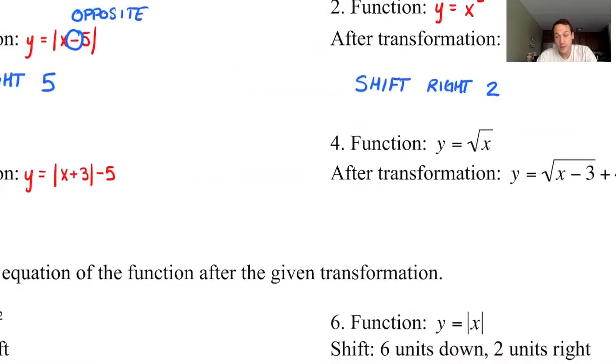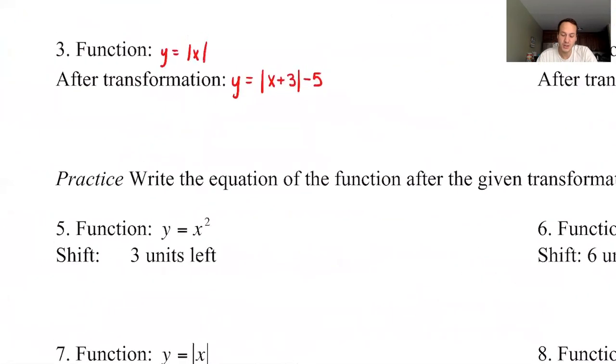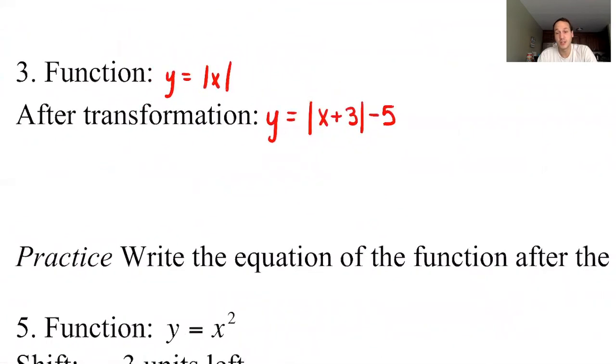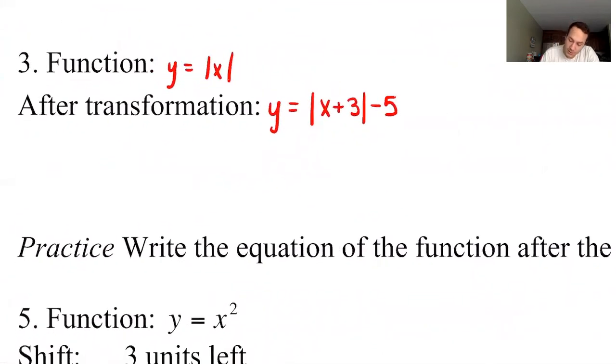But now, you're not going to get just one transformation, unfortunately. You might get 2 or 3, or sometimes even 4 transformations that are taking place. If we look at this one, there's two transformations that are happening. The first thing happens on the inside. There's first going to be a shift of left 3 units. These ones are the opposite.